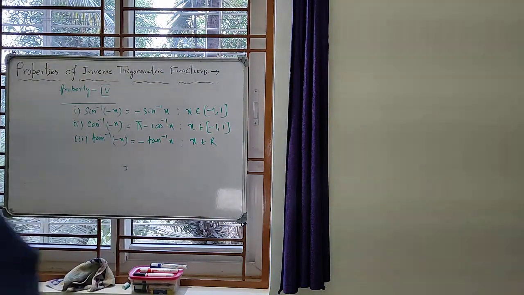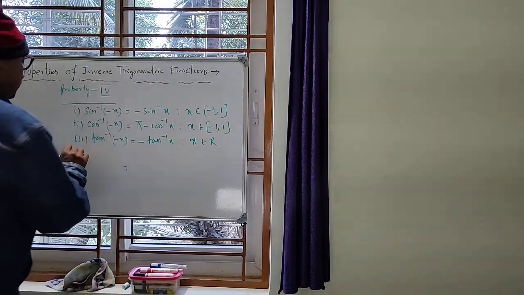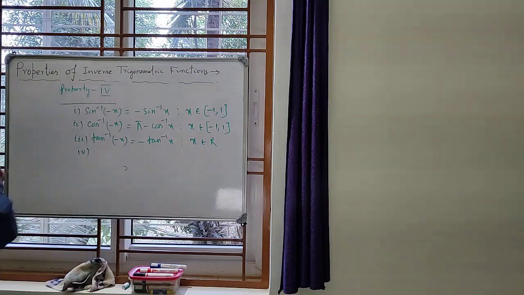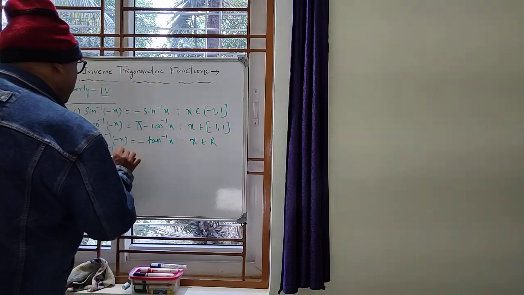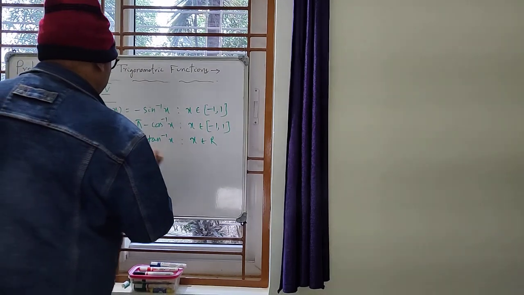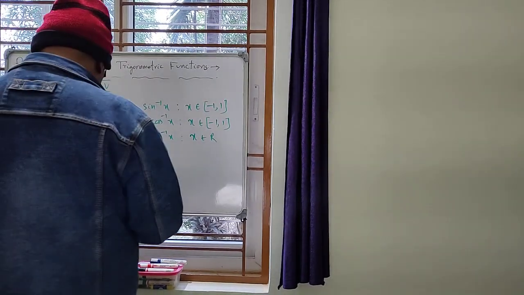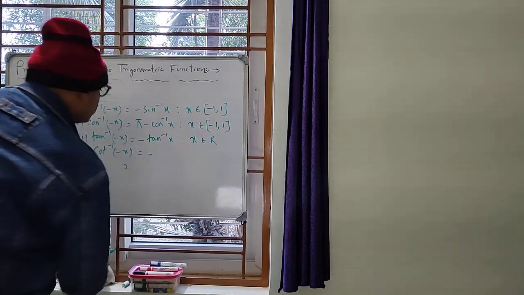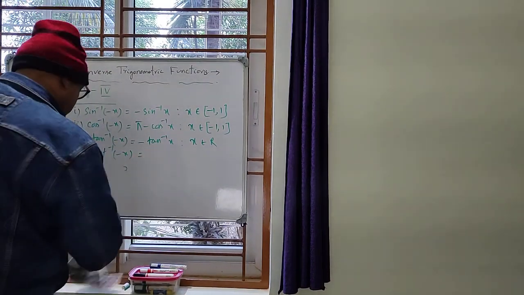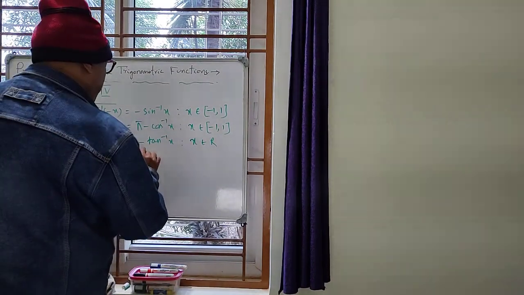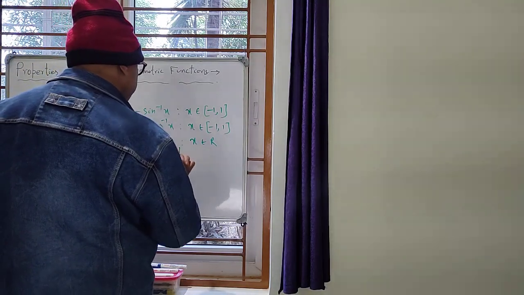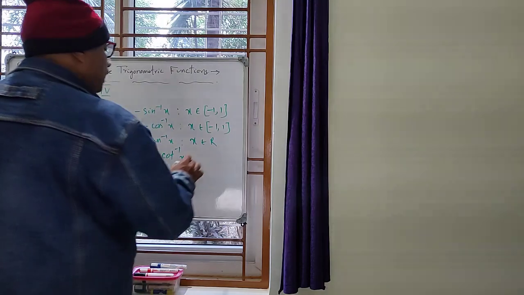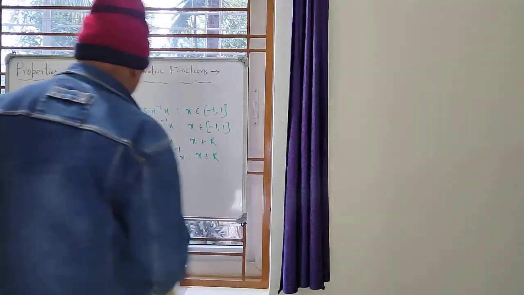After that, we will start the fourth subproperty. Cot inverse of minus x equals pi minus cot inverse x, where x belongs to the set of real numbers.